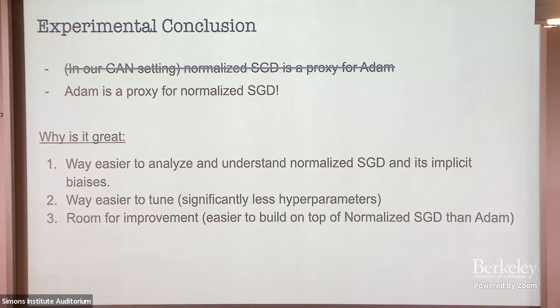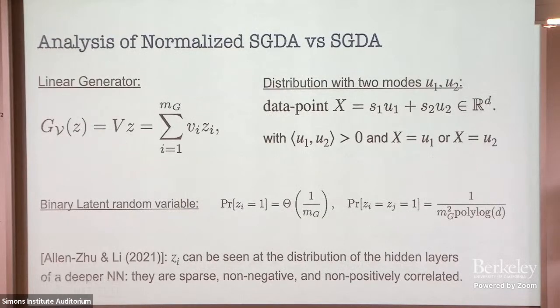And there is room for improvement. If we have extragradient, it's way easier to analyze normalized extragradient than extra Adam or optimistic Adam. So it opens room for a lot of analysis and understanding.